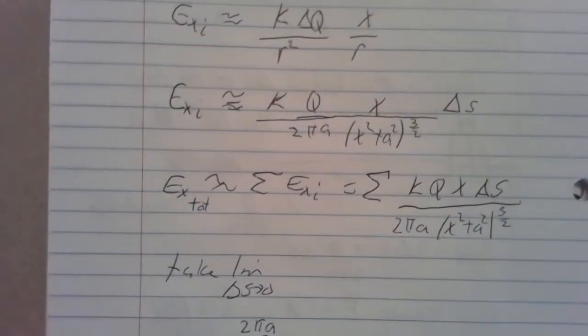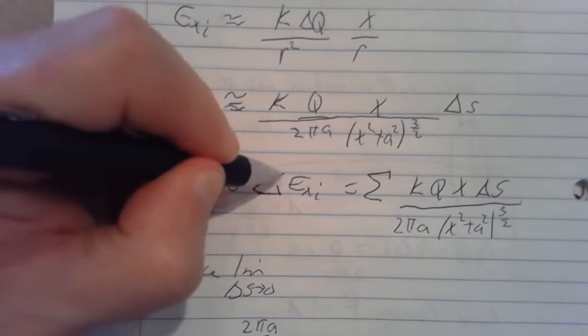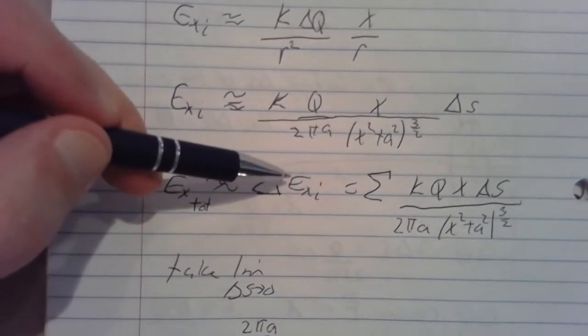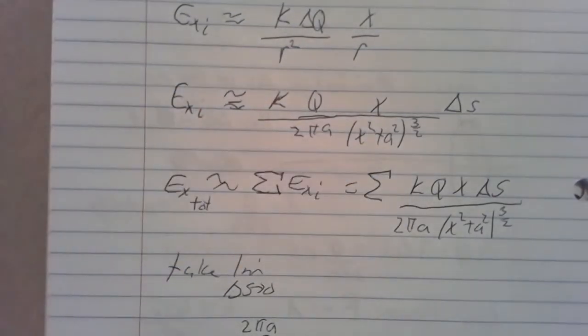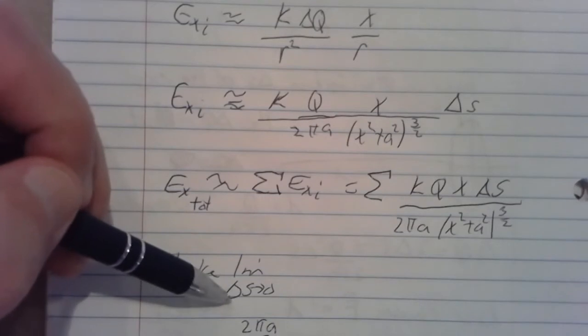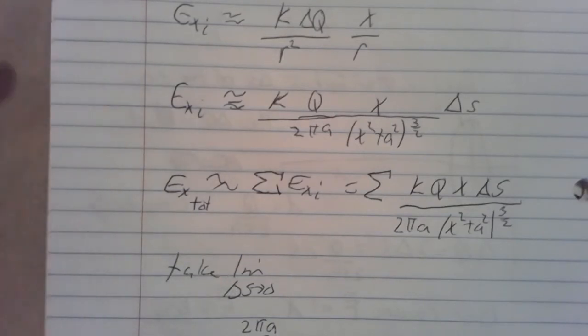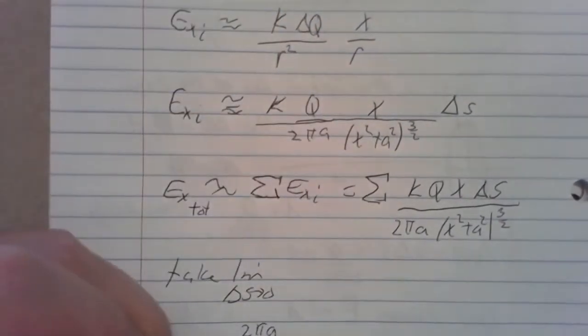So then the total in the x direction, we build a Riemann sum. So this is a Riemann sum. We add all these up. So I just put a sum in front of that. And now we do our calculus. We take the limit as delta s goes to 0. That's the same thing as n going to infinity. This Greek letter sigma becomes a stretched out S in the limit.